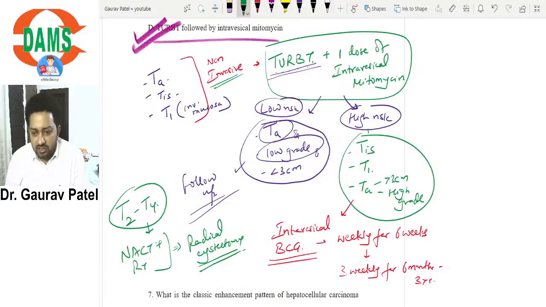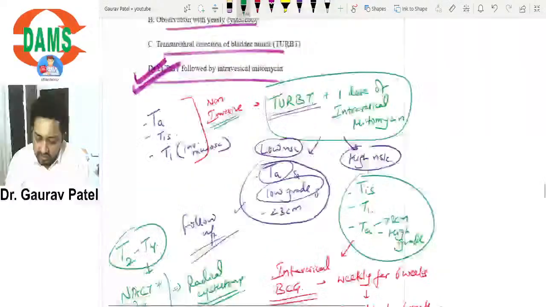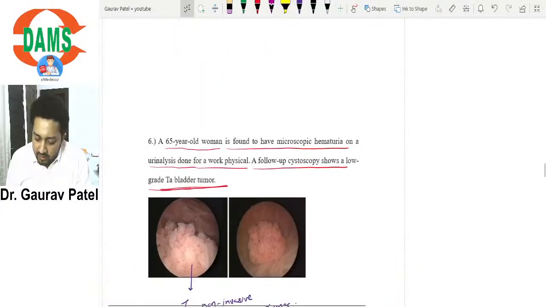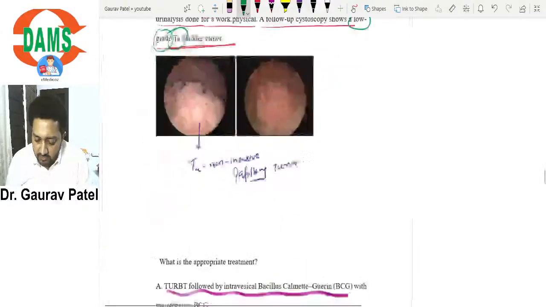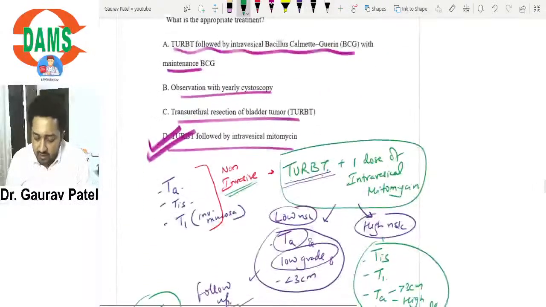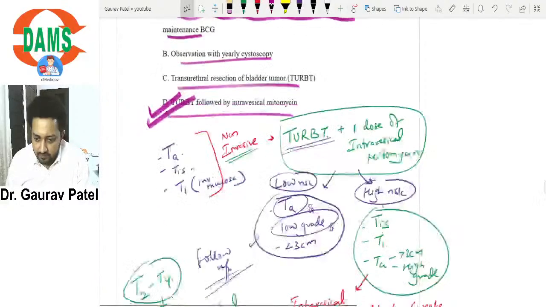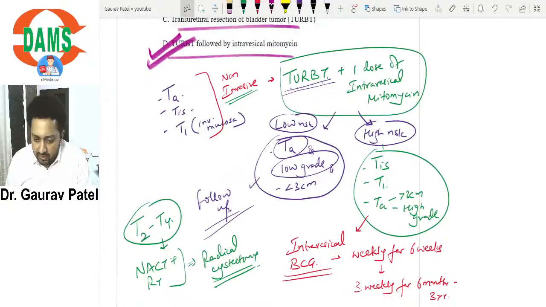So this is in short the management of urinary bladder tumor. So option number D is correct. If you have any confusion, please let me know. Any doubt? The question says it is a low grade Ta bladder tumor, so that's why only mitomycin. I hope it is clear.